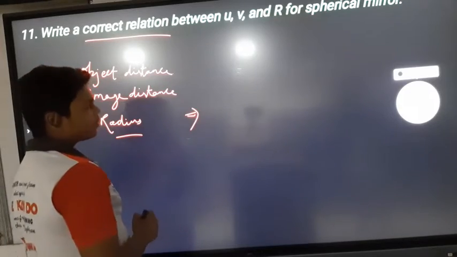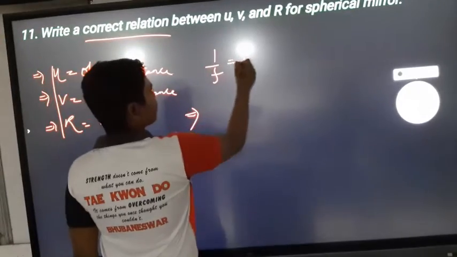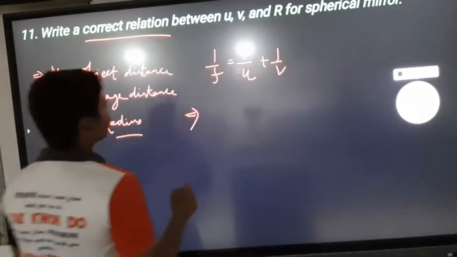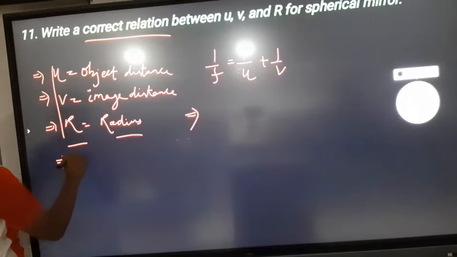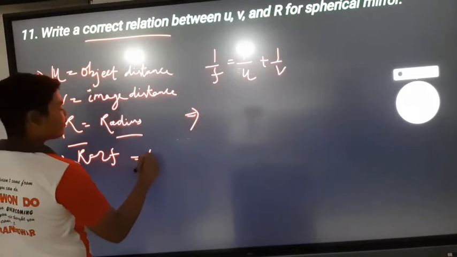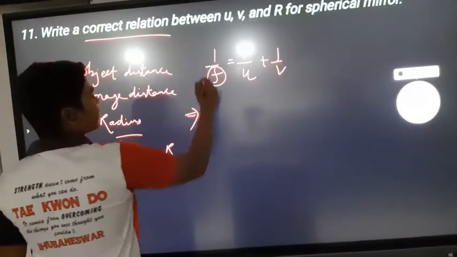So we'll use the formula 1 by F equals 1 by U plus 1 by V. For radius of curvature, we know that R equals 2F, so F equals R by 2.